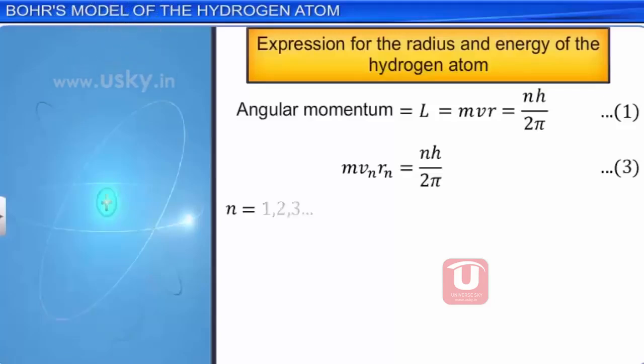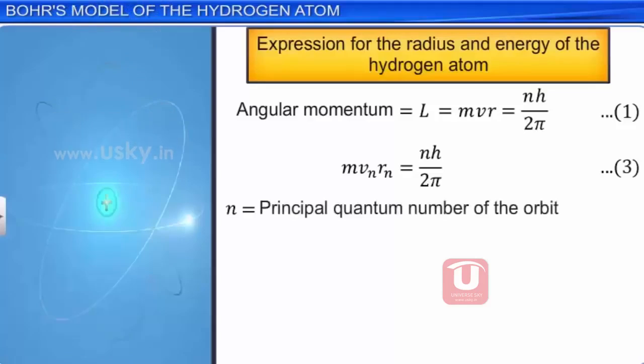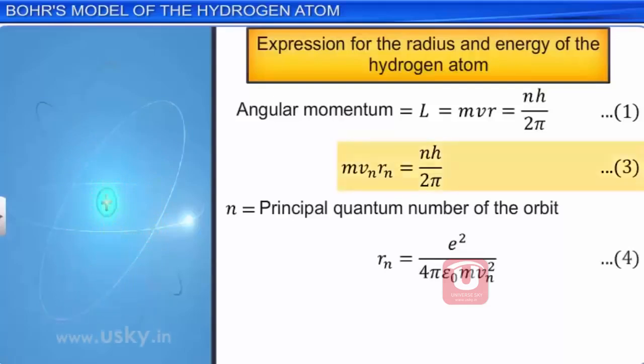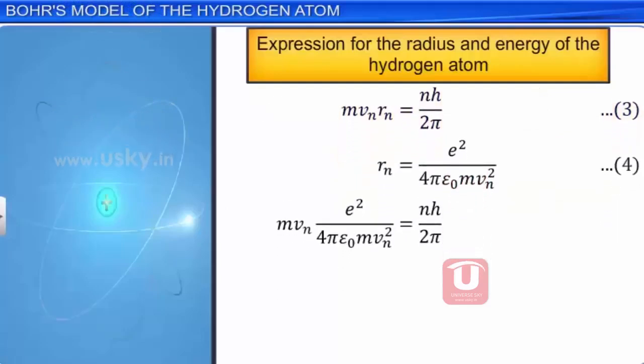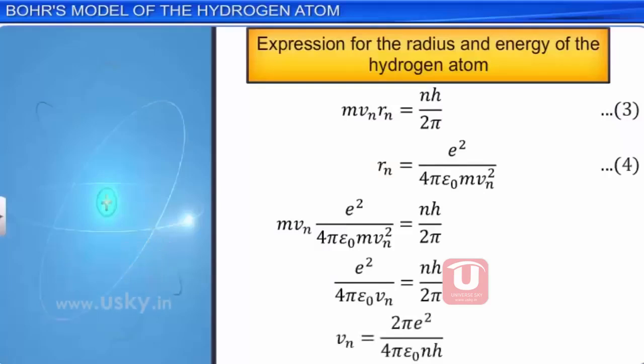We have learned that the relation between the radius r of the electron orbit and its corresponding velocity v is given by rn is equal to e square by 4 pi epsilon naught m vn square. Let this be equation 4. Substituting the value of rn in equation 3 and simplifying, we have vn is equal to e square by 2 epsilon naught nh.